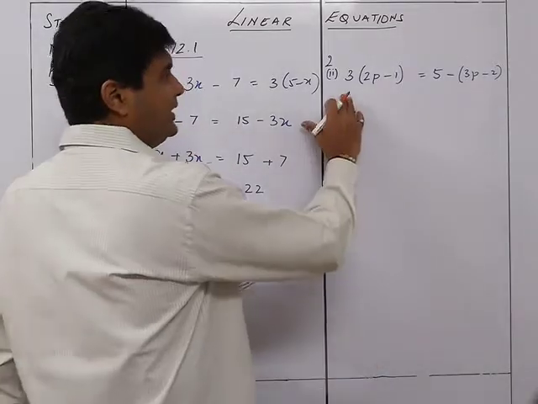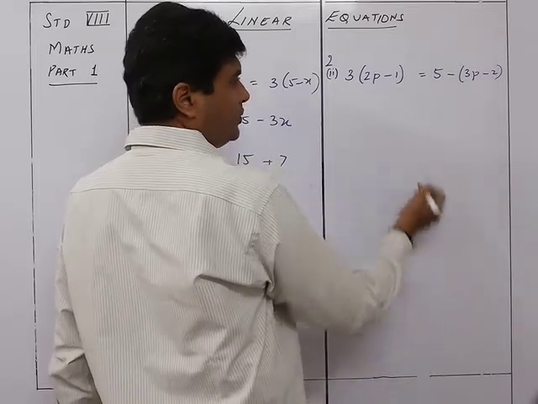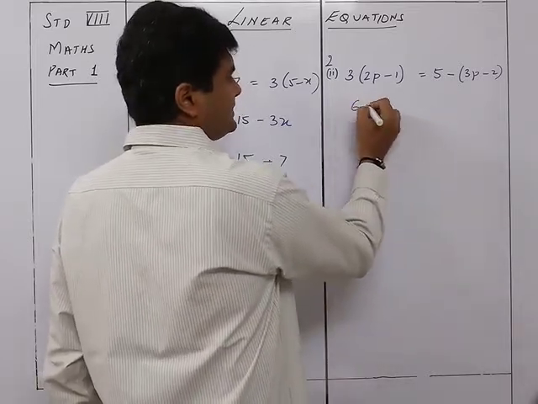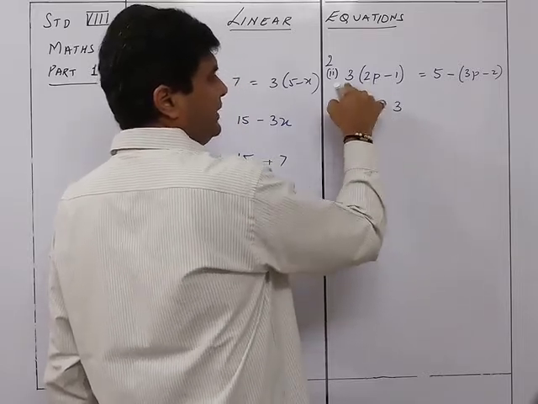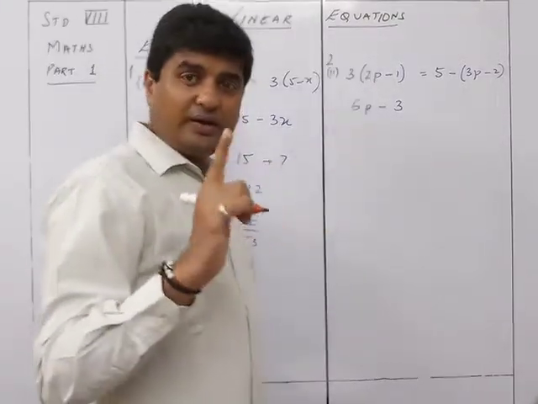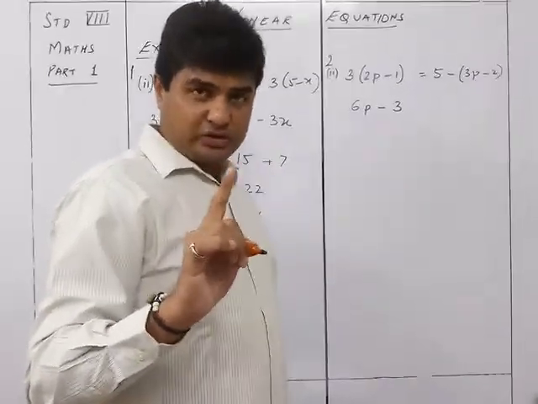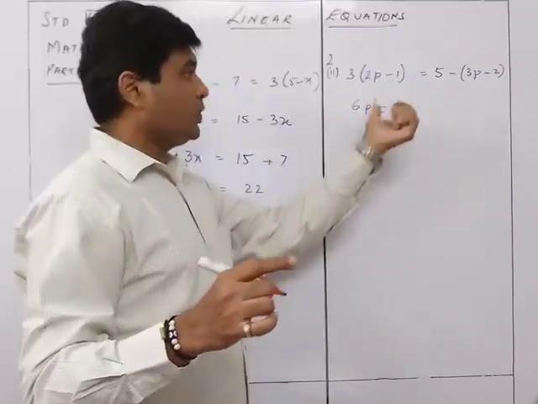So on simplifying this side, here what I'm going to do is keep the equal to on one line. So I'll keep all the equal to's on this line. So it will be 6p minus 3, because 3 into 2p is 6p and 3 into minus 1 is minus 3. So this is the multiplication what we learned in the algebraic expressions. Okay, binomial multiplied by a monomial. So this is what you are going to have.